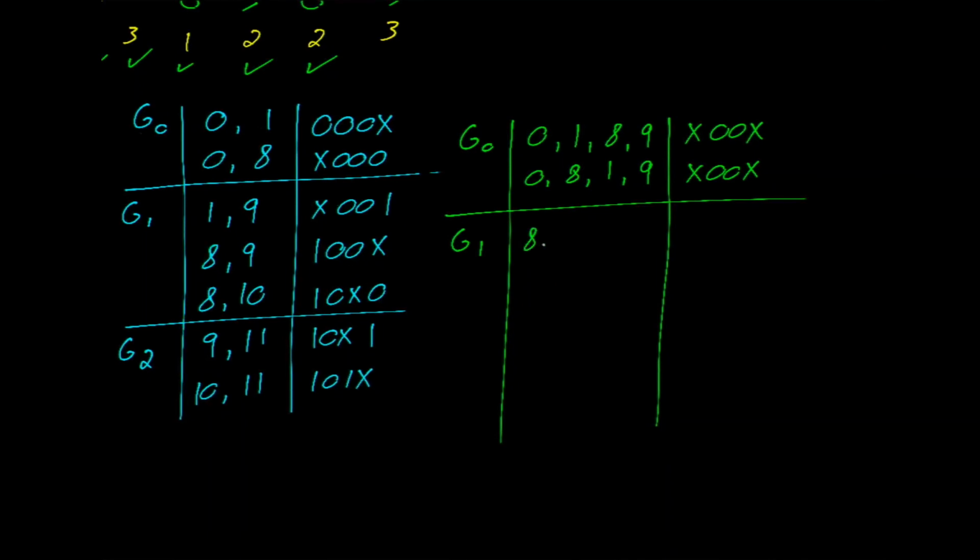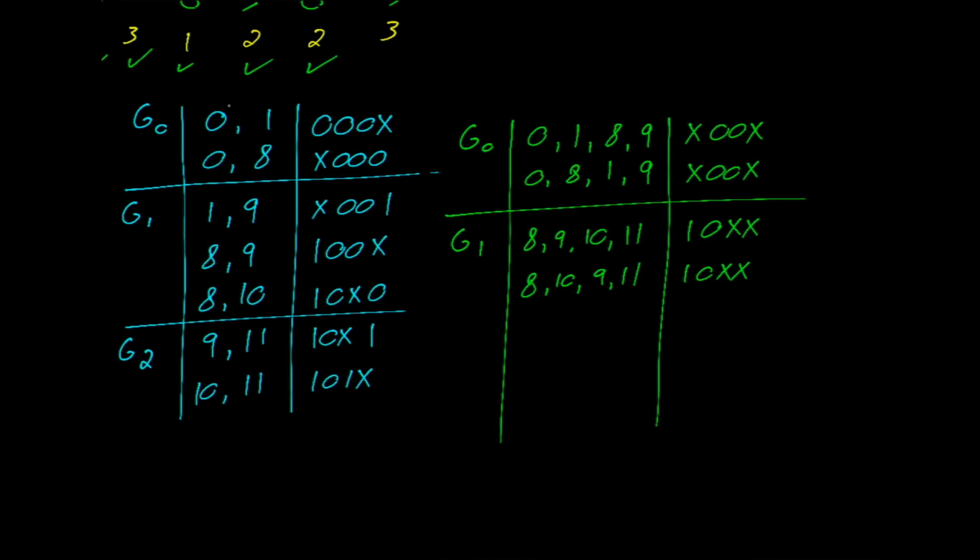So 8, 9, 10, 11, 1, 0, x, x. And finally, these two, that's recorded as 8, 10, 9, 11, 1, 0, x, x. Our last comparison is here with no match.